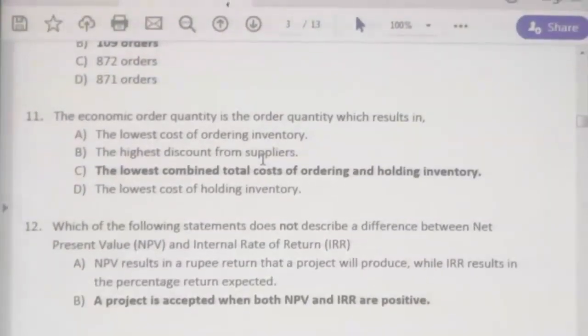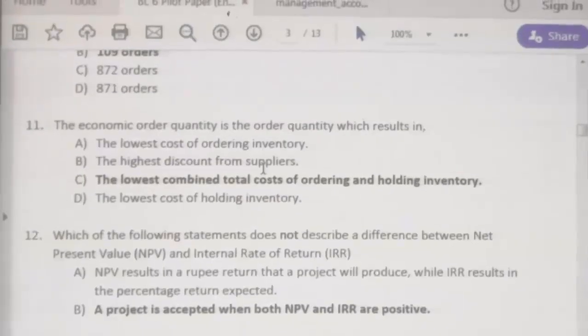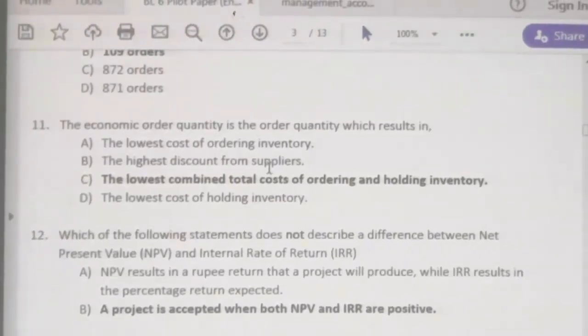Then holding cost will increase. The highest discount from supplier. No. The lowest combined total cost of ordering and holding. Yes, lowest combined, because you will take the combined point of the cost as I explained on the graph. Therefore, the answer will be C.